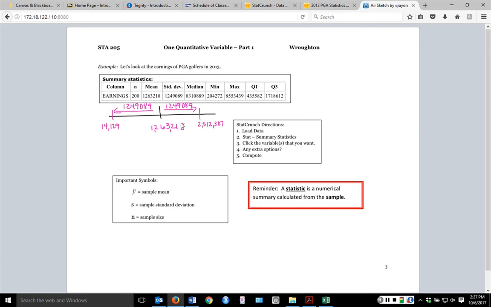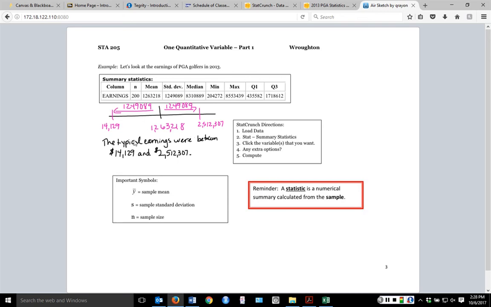So mathematically, we've done something like this before, but now I can actually interpret it. I could then say that the typical earnings were between $14,129 and $2,512,307.